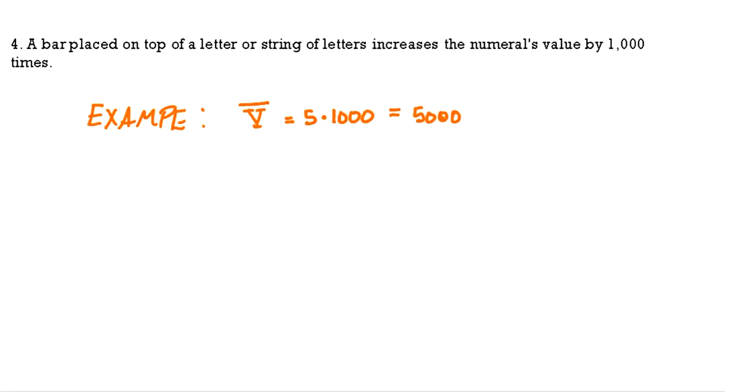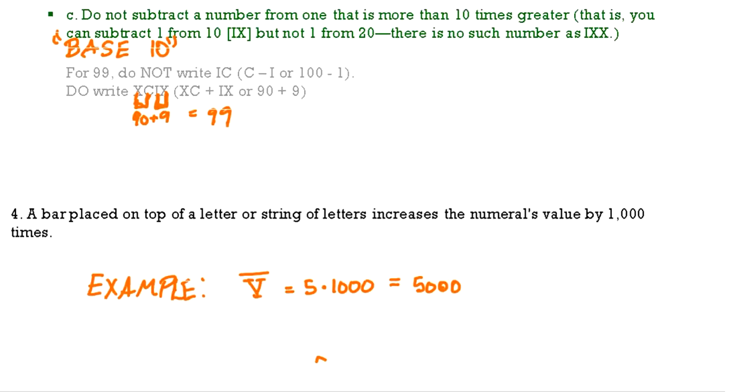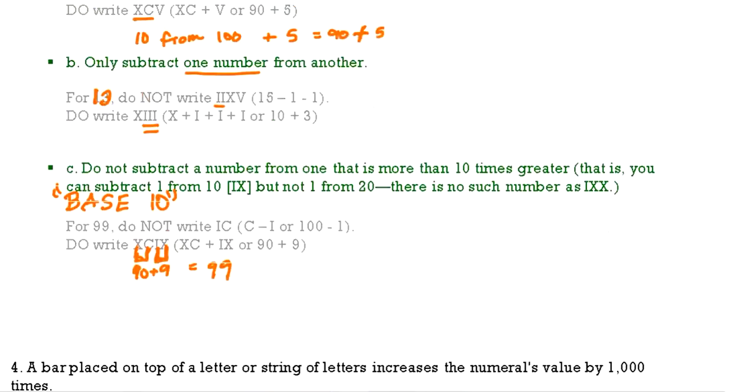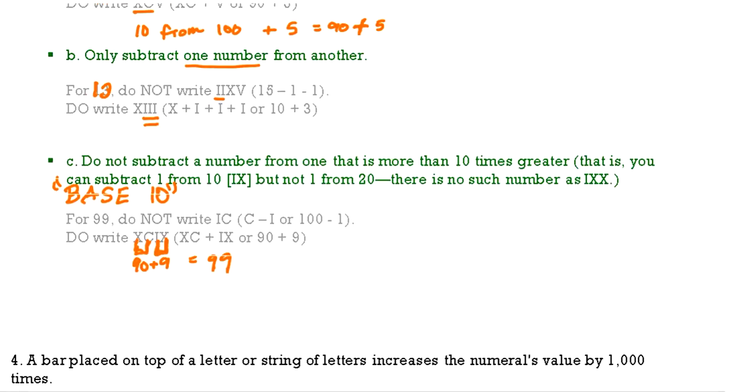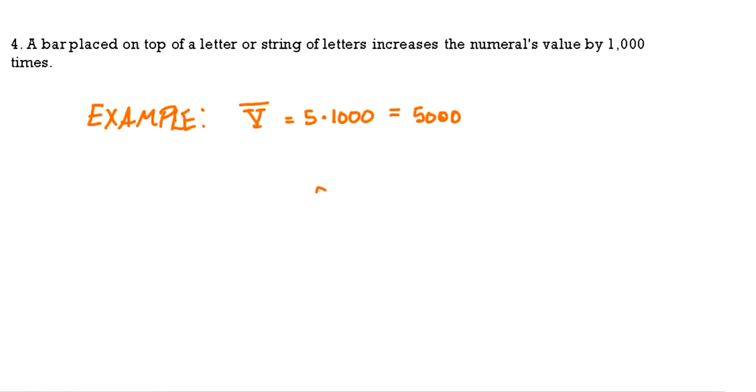Okay, and let me fix this here. Okay, so one more. Let's take one we've seen already. So let's take the symbol that we have for 13. So we're going to write XIII, right? Okay, so we'll have X, I. So what is this?